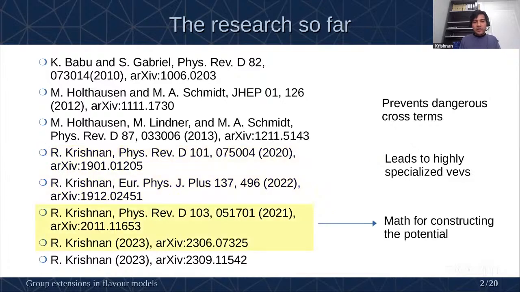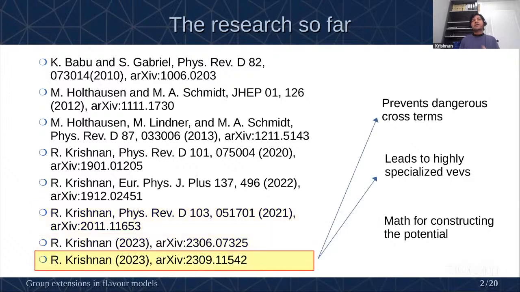Then I also have a couple of papers which deal with the mathematics of this construction, because it involves some amount of complicated group theory, and also the minimization procedure and some topology and all that. I don't have time to do that, but I may mention a little bit of math towards the end of this talk, if time permits.